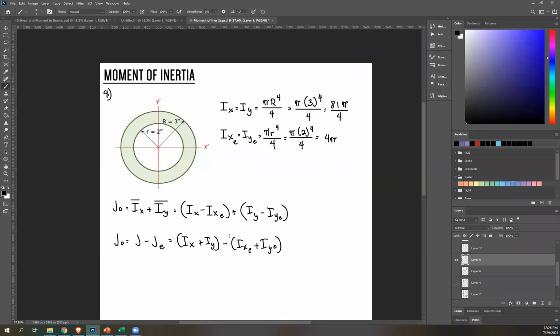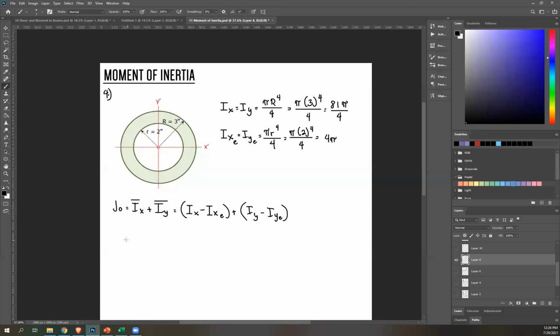Plus and minus. Okay? So up to you, whichever is easier to understand for you. Again, you can just take it by axis or take it by shape. I'm gonna do by axis.